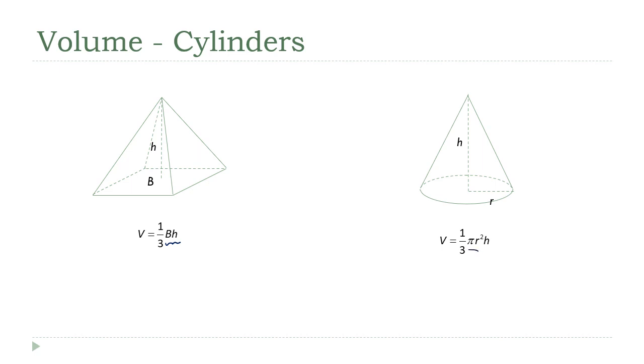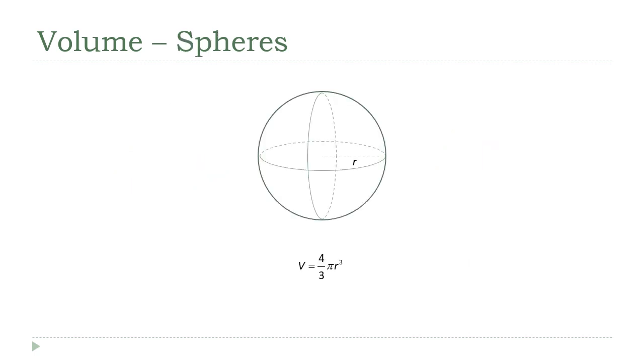And pi r squared H was the volume of a cylinder. So both of these formulas are kind of the volumes of the solids that we think about these two coming from, just reduced by a factor of a third. Our last formula here, and again, this is one where you're just going to have to accept this on faith. The volume of a sphere is going to be 4/3 pi r cubed.